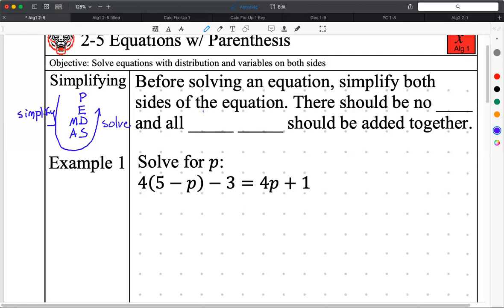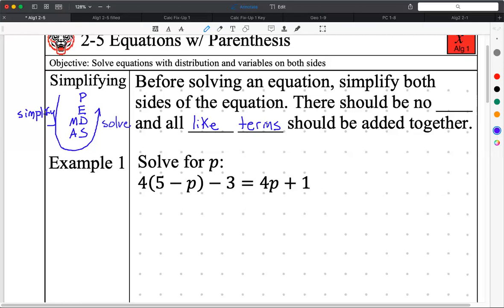I was gonna say decimals. Good guess, but not quite. Let's give it to Yesenia. Like terms. There it is, yeah, like terms.